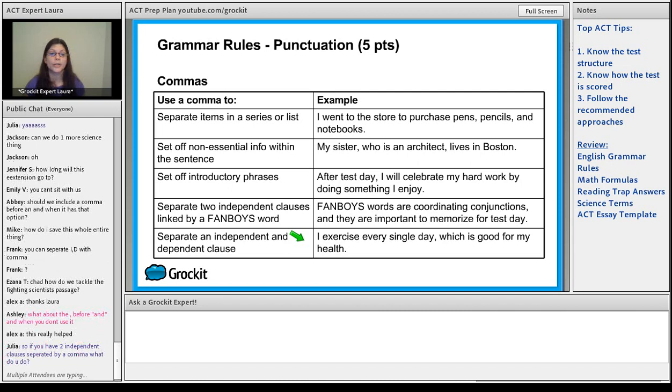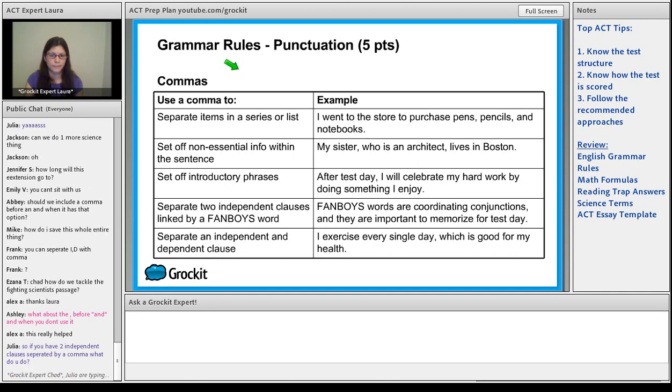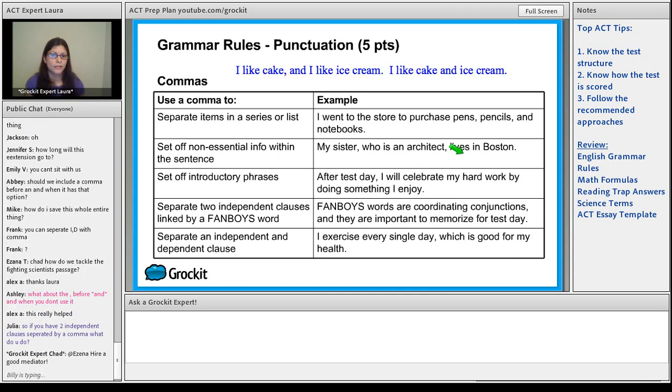Okay, so Ashley, when do you use a comma before the word and? Awesome question. So: I like cake and I like ice cream. You don't use a comma when it is not a separate sentence.